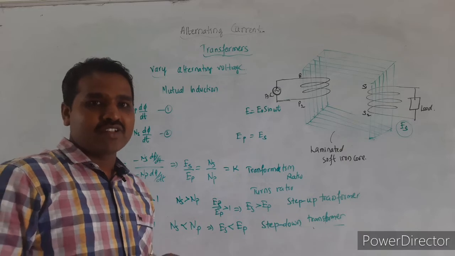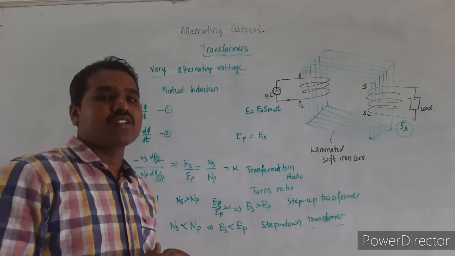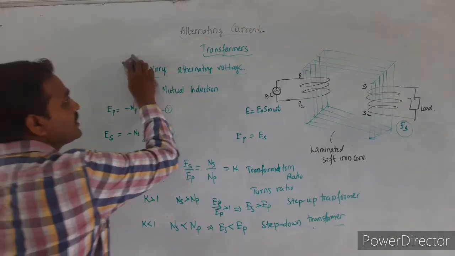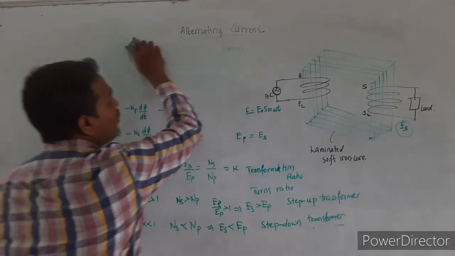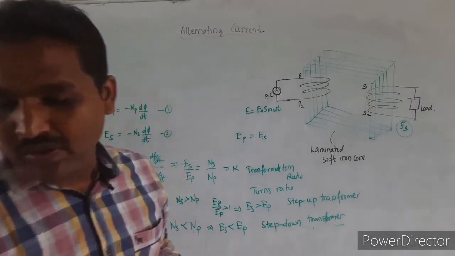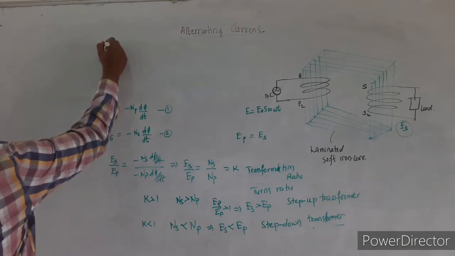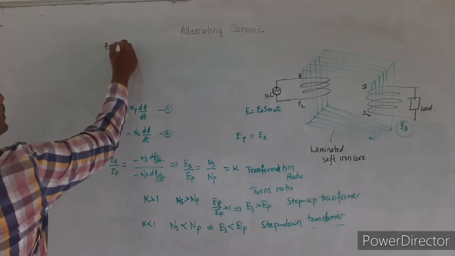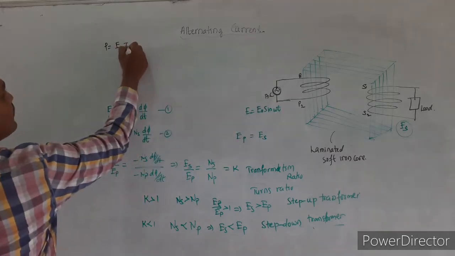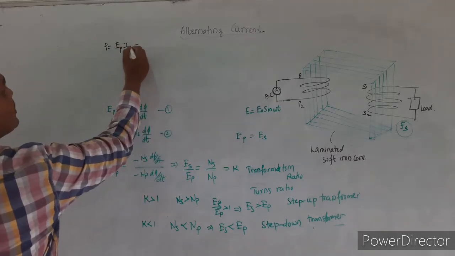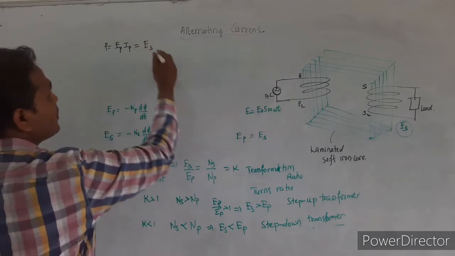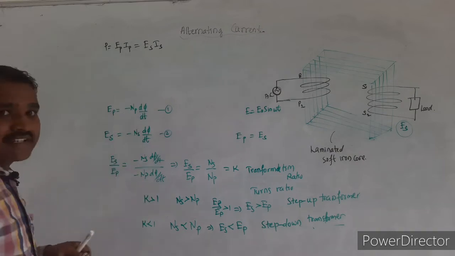But by the law of conservation of energy, we cannot simply increase or decrease the value of voltage. For that, we consider the condition that the input power must be equal to the output power. The input power is given by the EMF in the input coil into the current flowing in the input coil, and that must be equal to the output power, the product of EMF in the secondary coil and current flowing in the secondary coil.